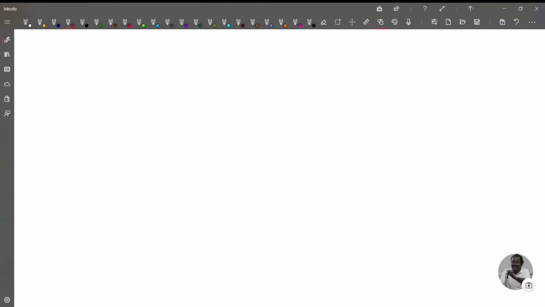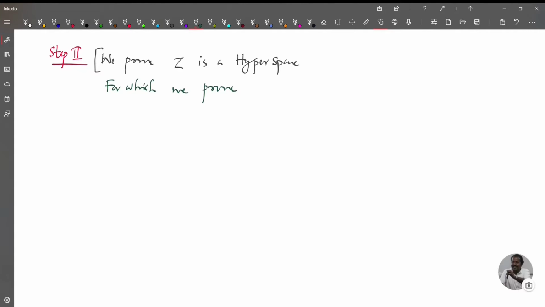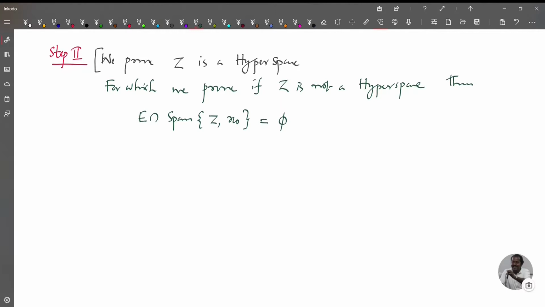In step 2, we prove Z is a hyperspace, for which we prove: if Z is not a hyperspace, then E intersection span{Z, x0} equal to phi, which will imply Z is not maximal.